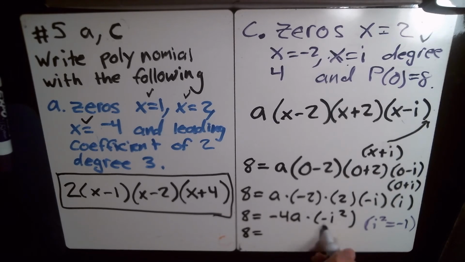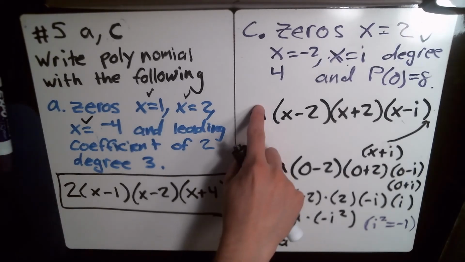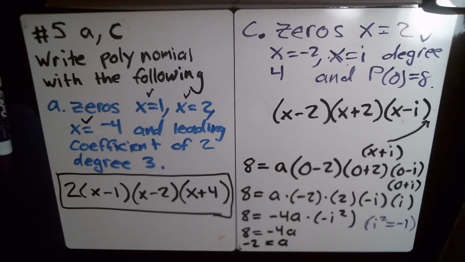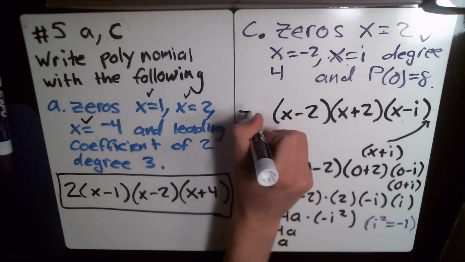So that's just positive 1 there, so negative 4A is equal to 8, so then A is equal to negative 2, okay? So that's the A that I need for this to equal 8 when I plug in 0. So I would just replace that A with negative 2.